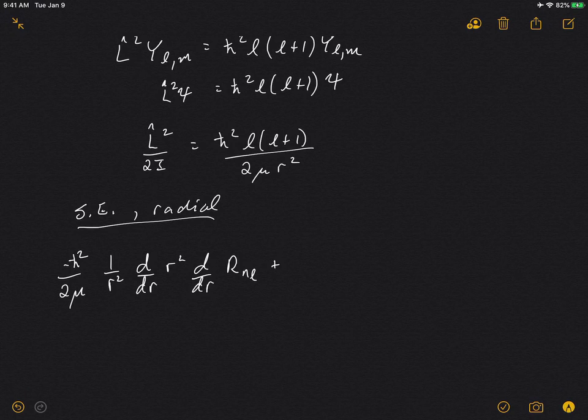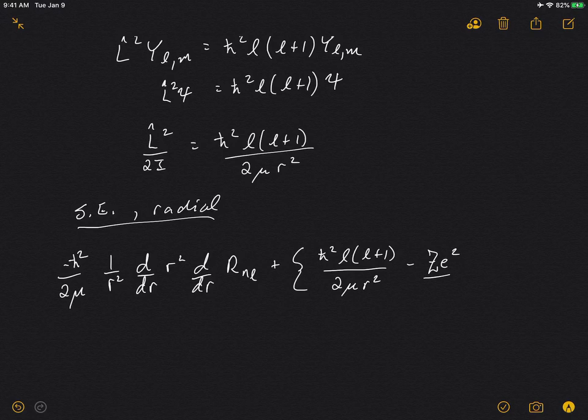Then we have plus all of this other stuff, the angular momentum part, h bar squared l times l plus 1 over 2 mu r squared, minus Ze squared over 4 pi epsilon naught r.